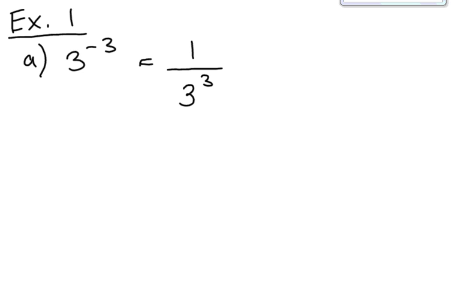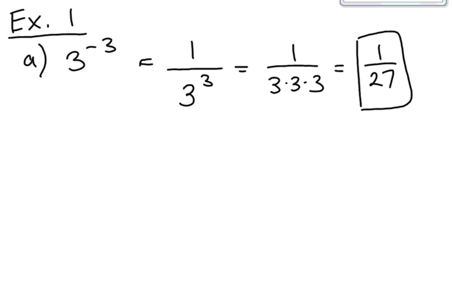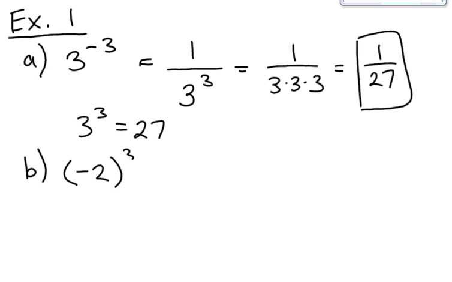Now we simplify: 3 cubed is 3 times 3 times 3, which is 9 times 3, which is 27. So 3 to the positive 3 is 27, but 3 to the negative 3 is 1 over 27.